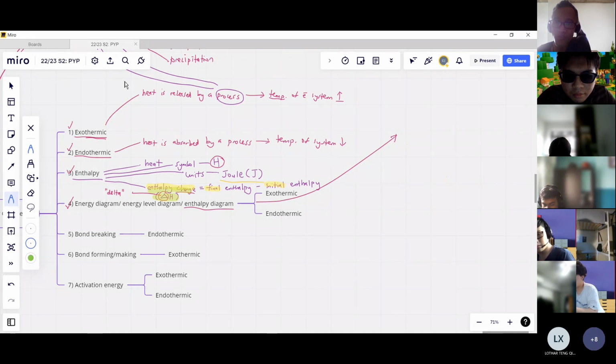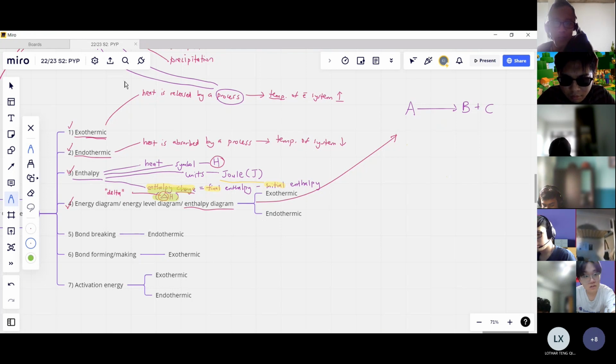Let's say I have this reaction: A becomes B and C. Let's just take it as a chemical reaction. So how can you draw an energy diagram for this chemical reaction? This is a chemical reaction.